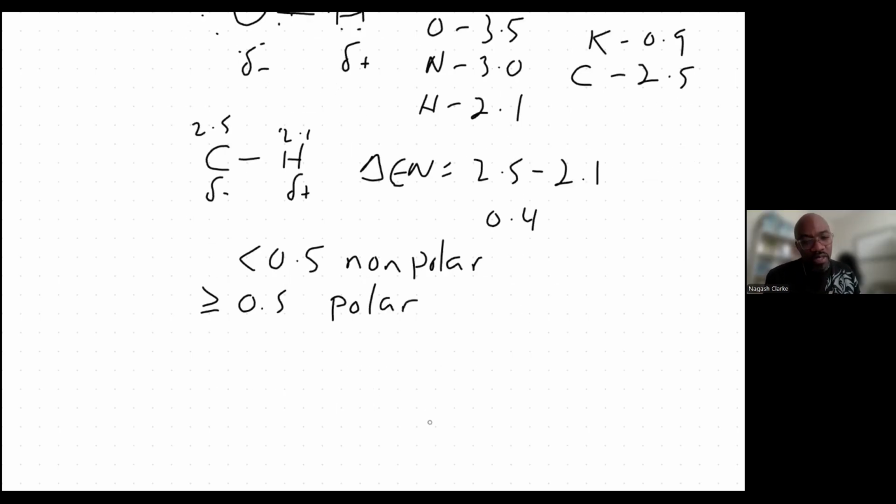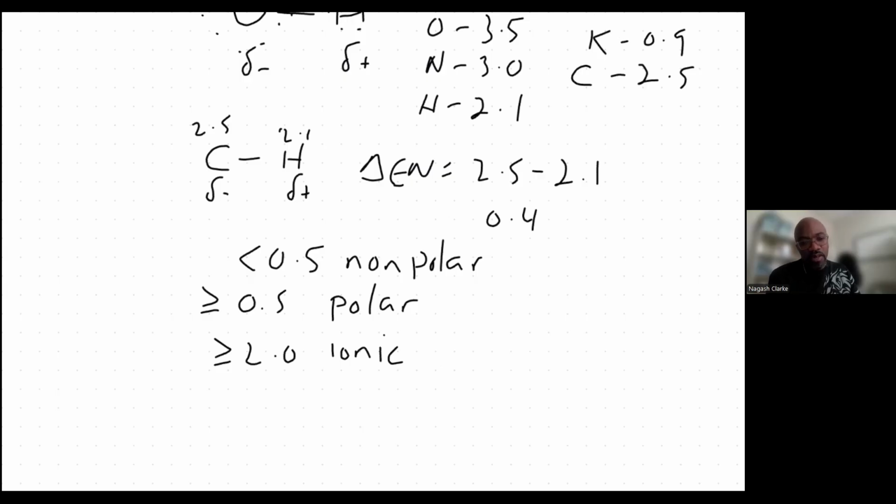And roughly if we get to 2.0 or greater, you consider an ionic bond. So your metal, non-metal bonds have such a discrepancy in electron density that the electrons are no longer shared. They're transferred from the metal to the non-metal.